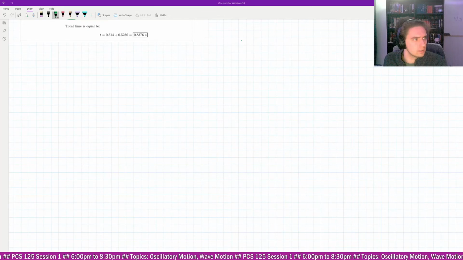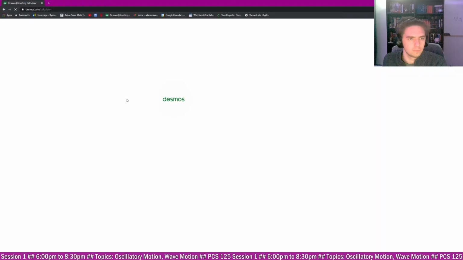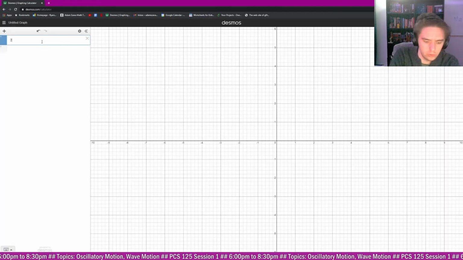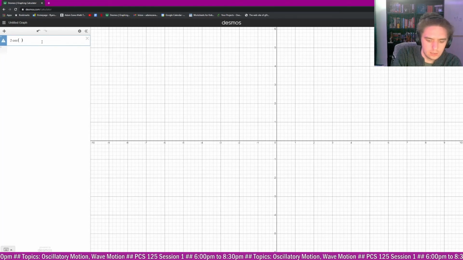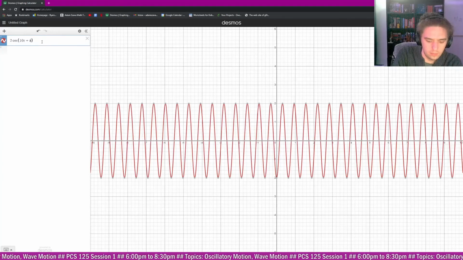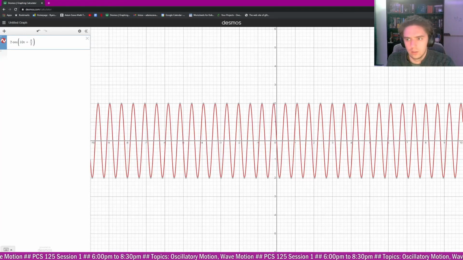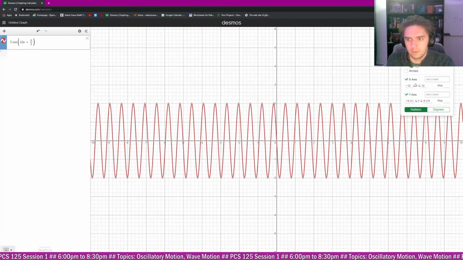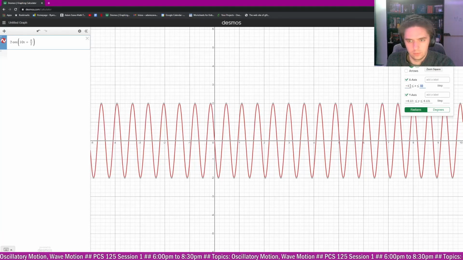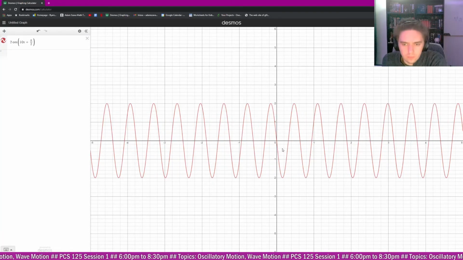Let me see Desmos here. So our thing is 2 cos of 10x plus pi over 2, minus pi over 2, over 10. Yeah. So that was the time that I got as well.